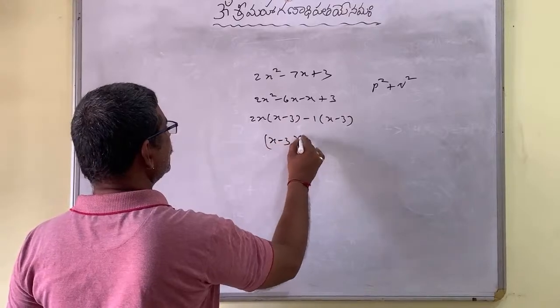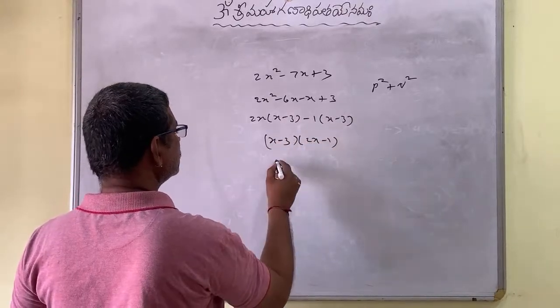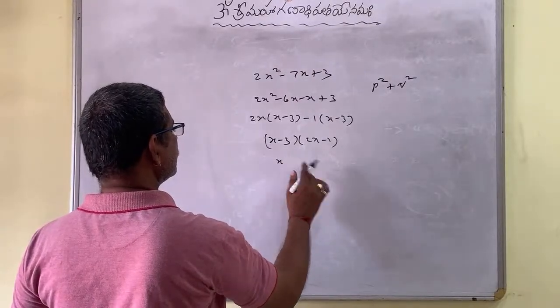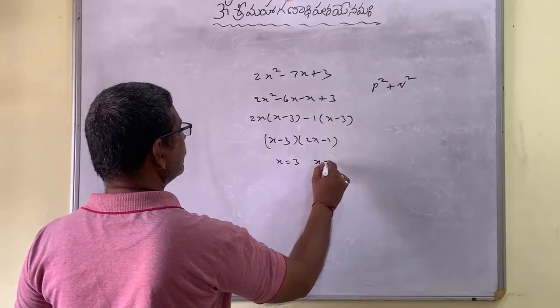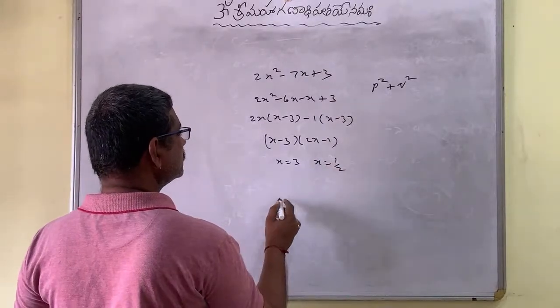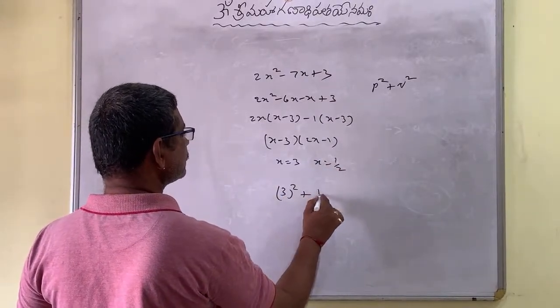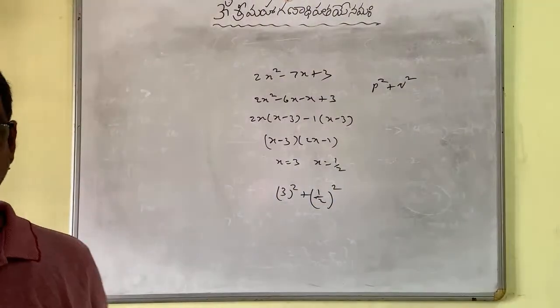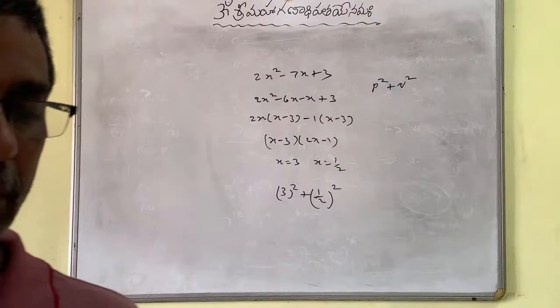X minus 3 into 2x minus 1. X is 3, 1 by 2. So 3 square plus 1 by 2 whole square is 9 plus 1 by 4.